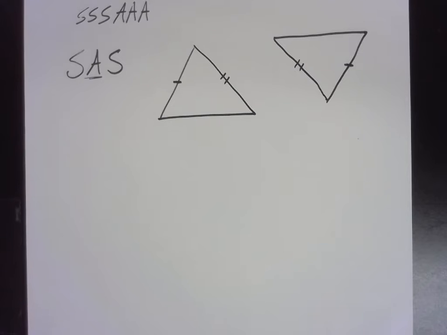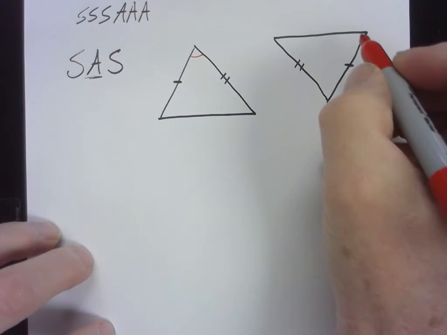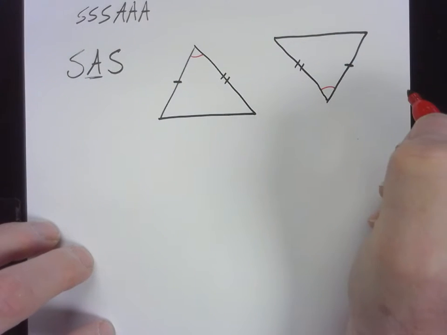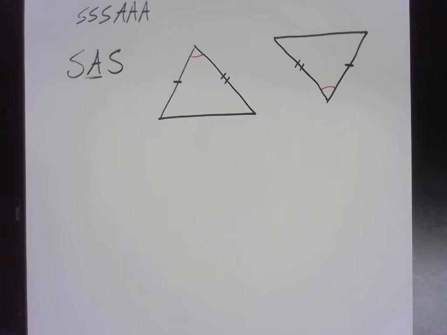Now, in order to prove the side angle side congruence theorem, there's only one angle that's going to work here. Can you see which one is the included angle? We've got to know that this angle right there and that angle right there are congruent. And so that's how the side angle side congruence theorem works.